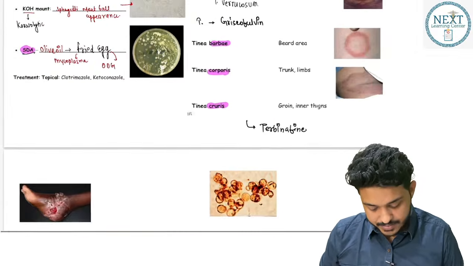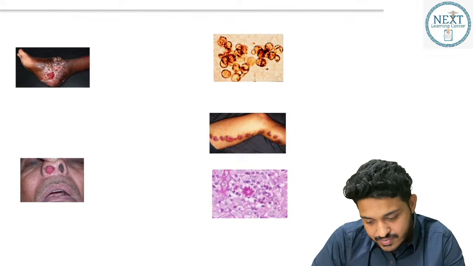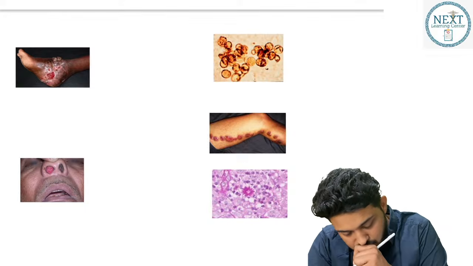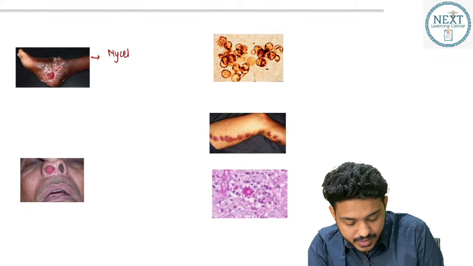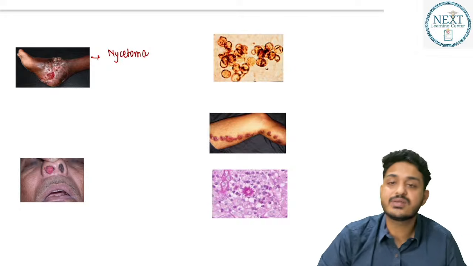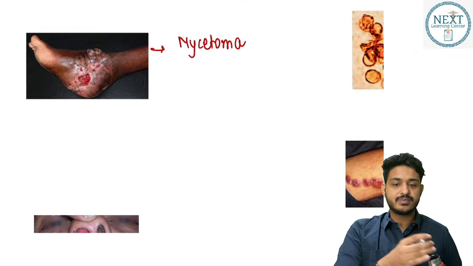Terbinafine, right? The next thing we are having is subcutaneous mycosis, where the first one is going to be what? M for mycetoma. So this is the mycetoma we are having. How many types of mycetoma do we have?